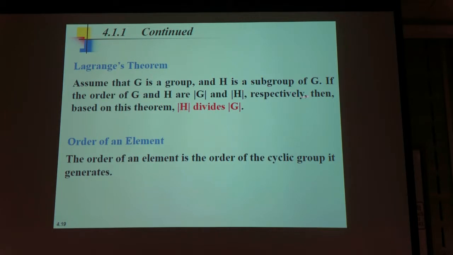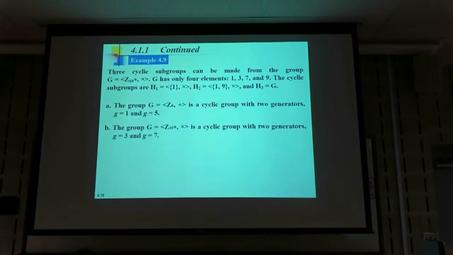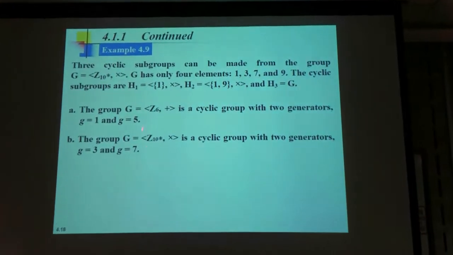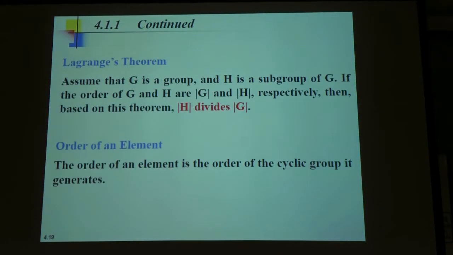And H is a subgroup of G. If the order of G, okay, we will not explain what the order means. The number of elements. So if you go to this in here, what's the order of this? 6. 6 elements, right? What's the order of this? 4 elements, right? That's the order.